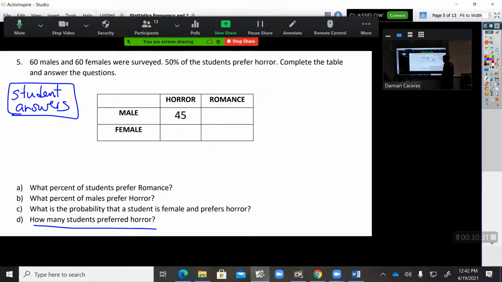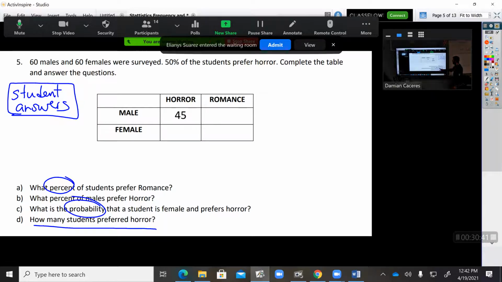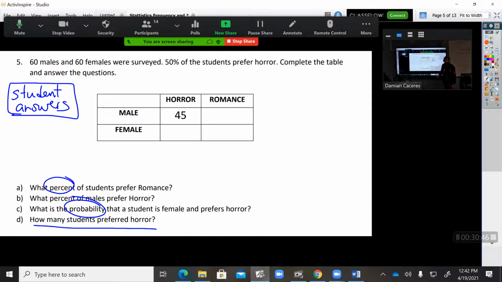How many students? The key thing there is understanding that they're not asking for a percent, they're not asking for a probability, they're asking for an actual amount of students. So all you have to do is look at one of these boxes, and one of these boxes will have your answer in it. It could be a total, it could be one of the boxes on the inside. So let's read. How many students preferred horror?